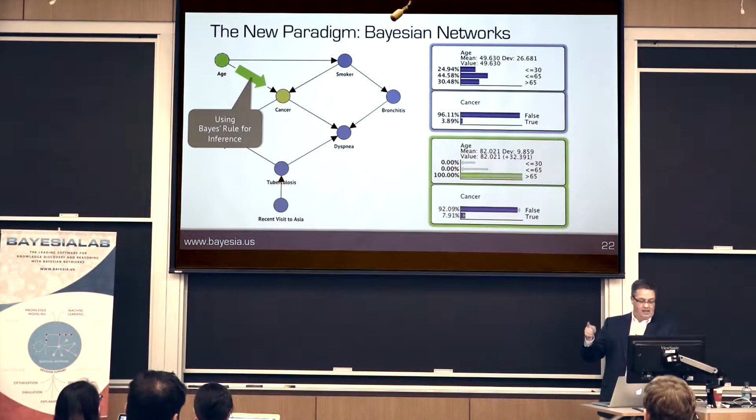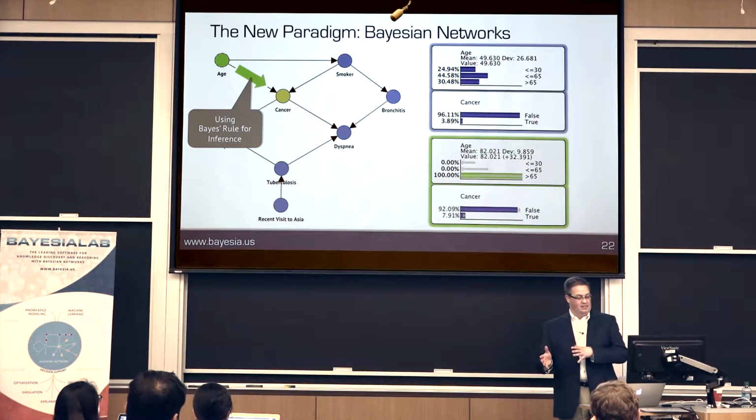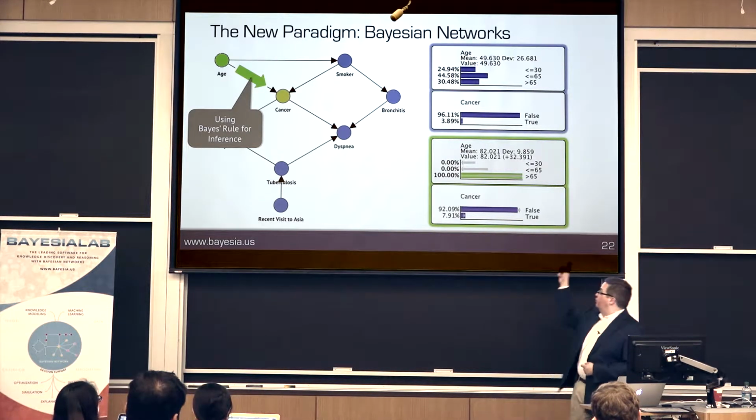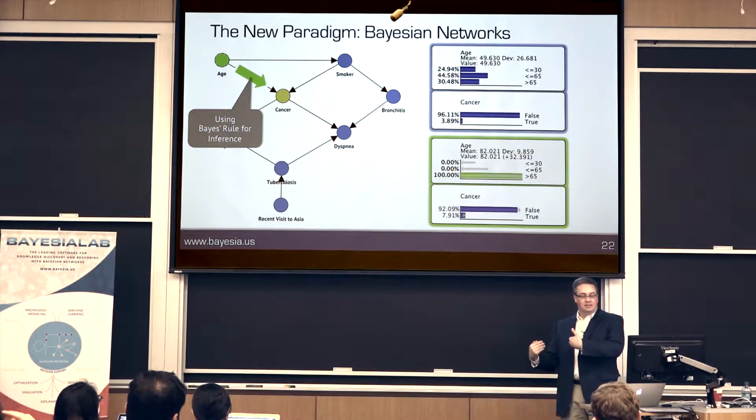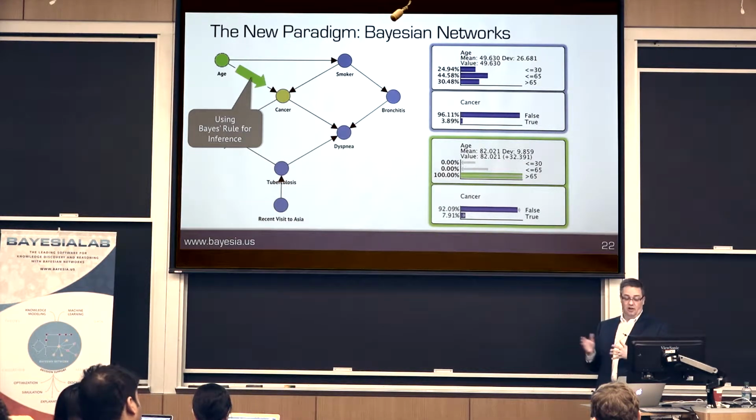Now, we said evidence. We now zero in on the age group greater than 65. And now we move to the green panel. Now you see that 65 is highlighted here with 100%. And now we can read out the associated probability. And now given the age, the probability of having cancer has gone up to close to 8%.